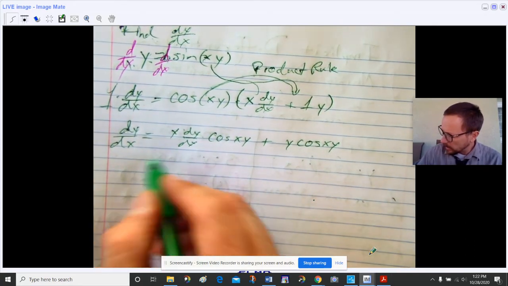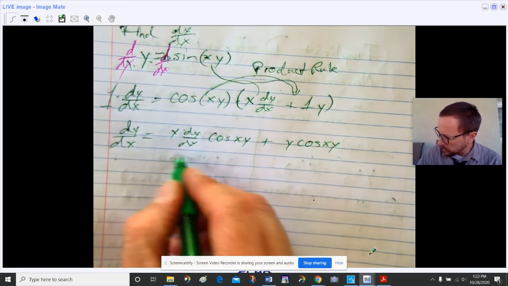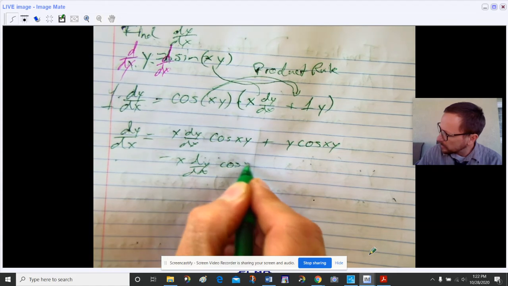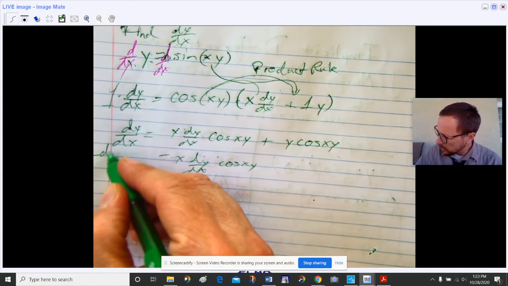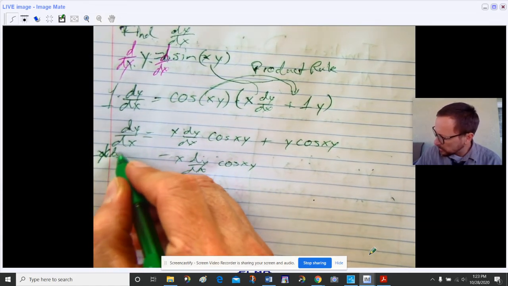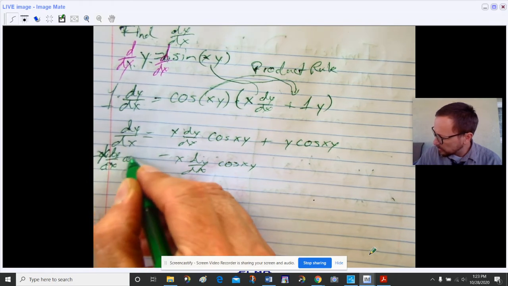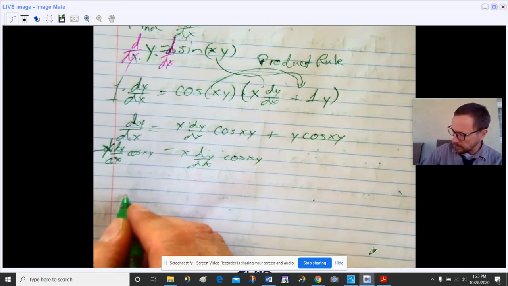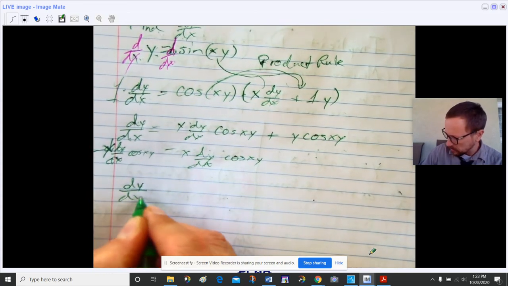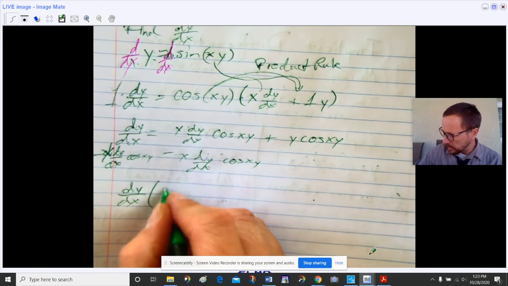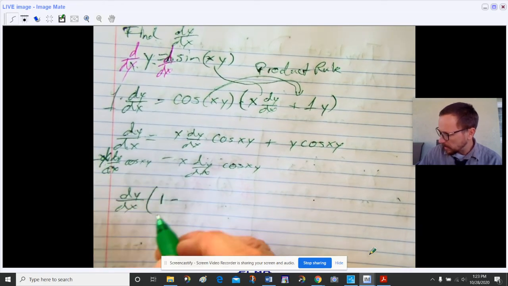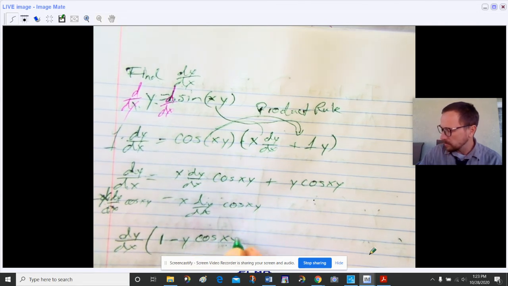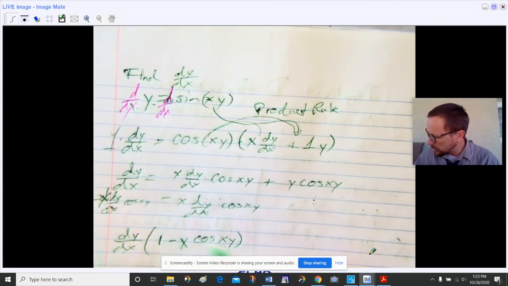Then we subtract this from both sides, x dy over dx cosine of xy. So both of these now have dy over dx in them, which means I can factor dy over dx out. If I factor dy over dx out of the top one, I get 1, and then we have minus x cosine of xy. Oh, I'm sorry, x cosine of xy, sorry.